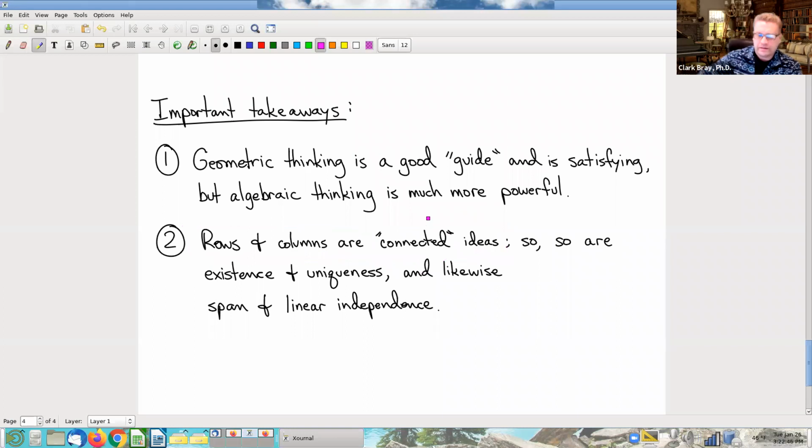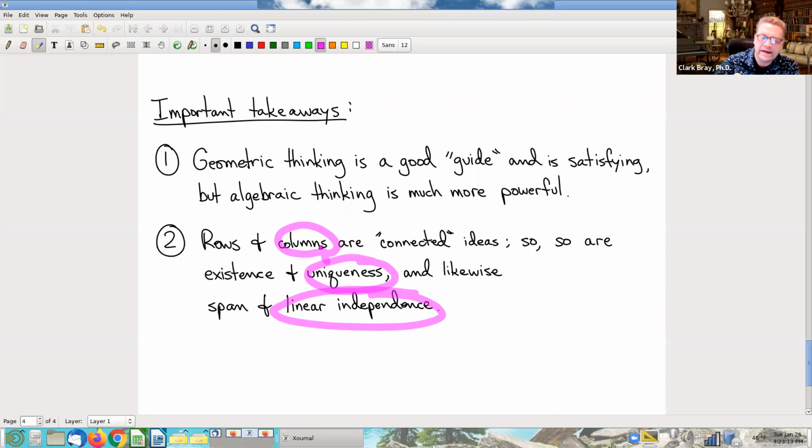If you think about it, when we were thinking about the independence question, having written down from the definition, we wrote down some algebra and broke it down to a matrix needing to have the uniqueness property. And of course, the uniqueness property is a matter of thinking about the matrix in terms of columns and whether or not each column has a pivot.